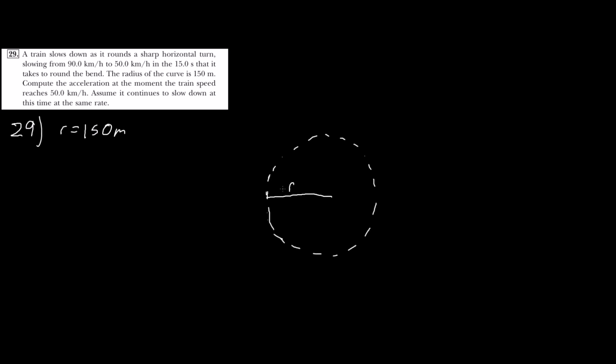So I'm going to define this to be a radius. That radius is going to be 150 meters. And you're going to have the tangential velocity right here at some direction. You're going to have A radial right here.